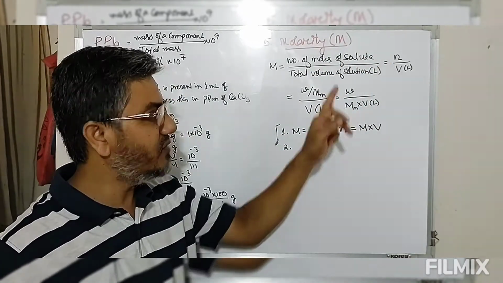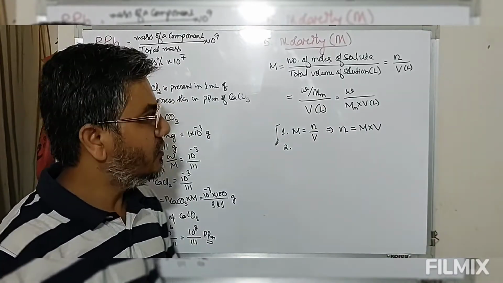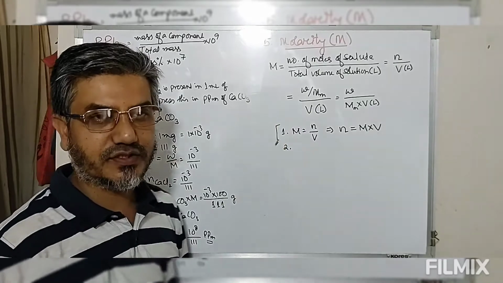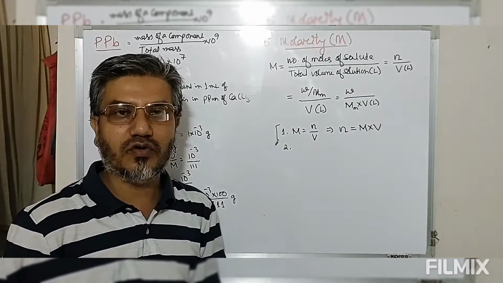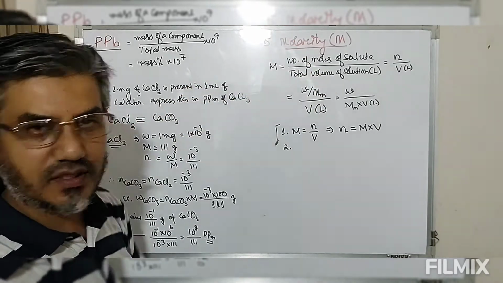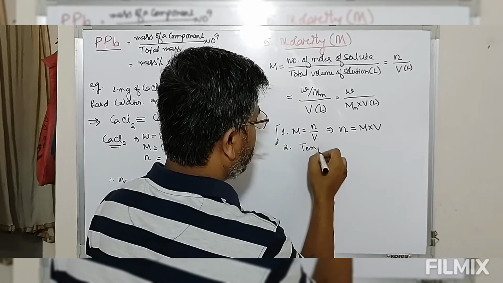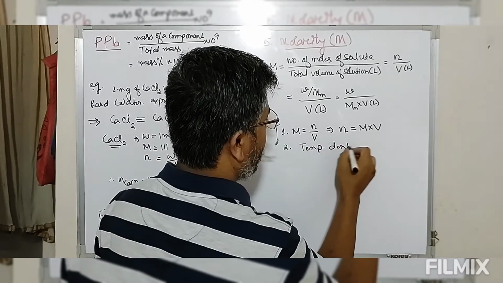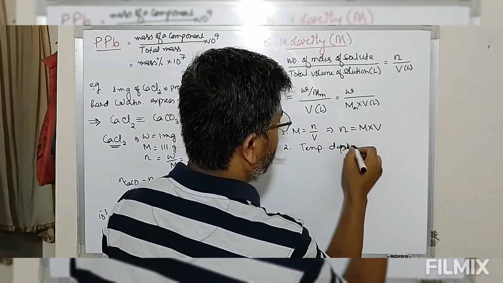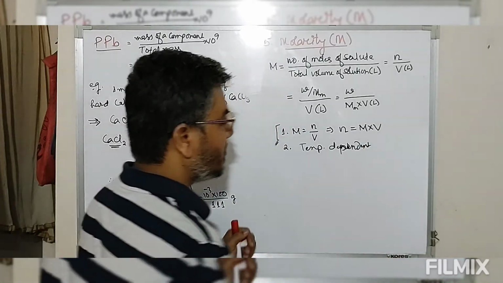Increasing temperature, volume expands; decreasing temperature, volume undergoes contraction. Because of this expansion and contraction of the volume due to heating or cooling, molarity also changes with temperature. So molarity is a temperature dependent quantity.